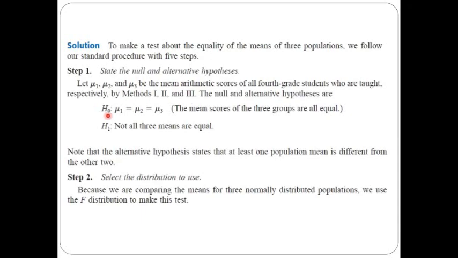Or we have here for the H sub 0, yung mean 1 natin is also equal with the mean 2, and also equal din siya for the mean 3. And for the alternative hypothesis or the H sub 1, we have here that not all 3 means are equal, or hindi equal si mean 1 kay mean 2 and kay mean 3.